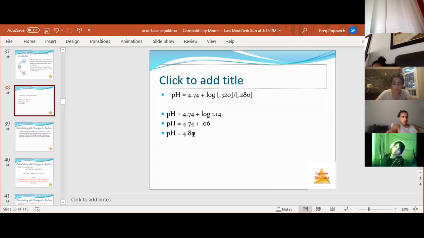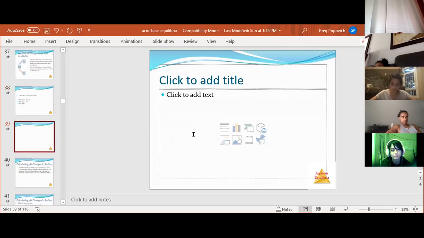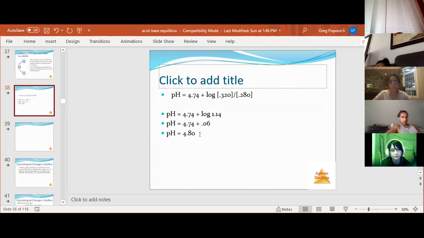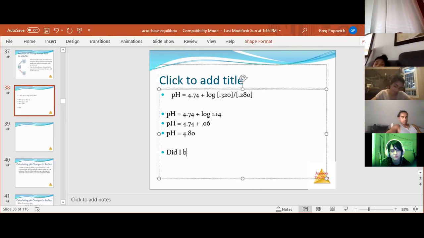Have I broken my buffer? Does it change to a value of 5.74 or greater or 3.74 and lower? Did I change it by that much? The question is, did I break the capacity of the buffer?